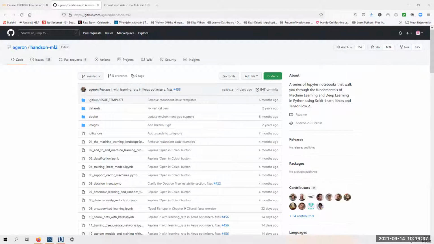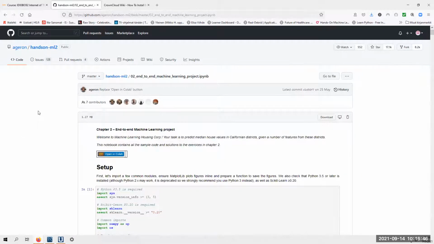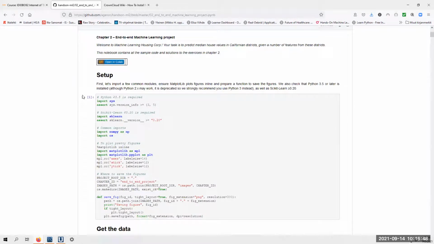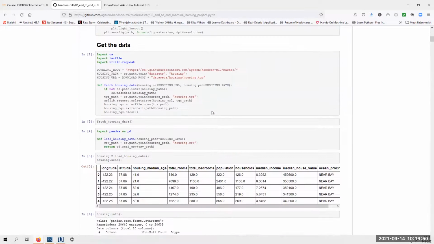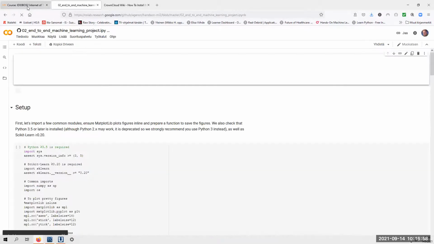Both seem to work. Okay, let's try the web version. Now you'll see the code here and open in Colab. Okay, that's chapter 2. Let's go to chapter 1 first.